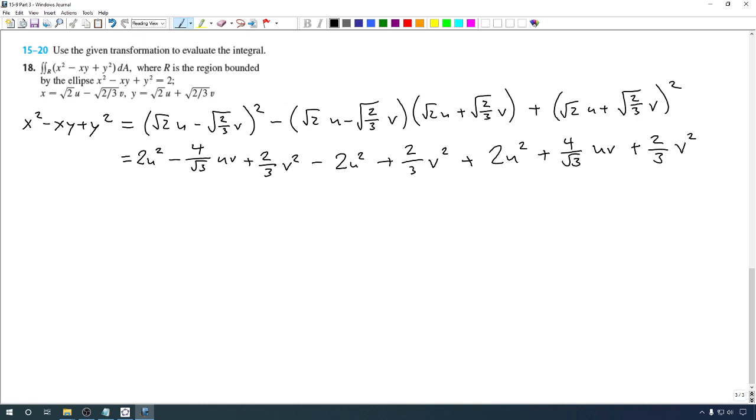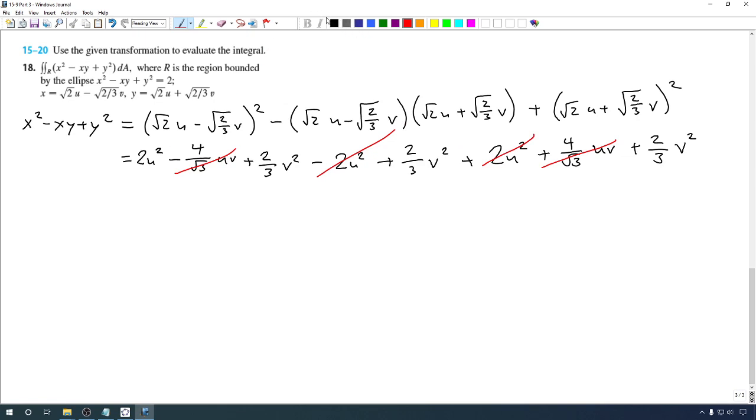Alright, let's simplify things. First thing we'll note, 4 over root 3 uv. This has a minus sign, this has a plus sign, but other than that, they're exactly the same thing. They cancel out. Very nice. Next we have a minus 2u squared, we have a 2u squared, gone. Don't need them.